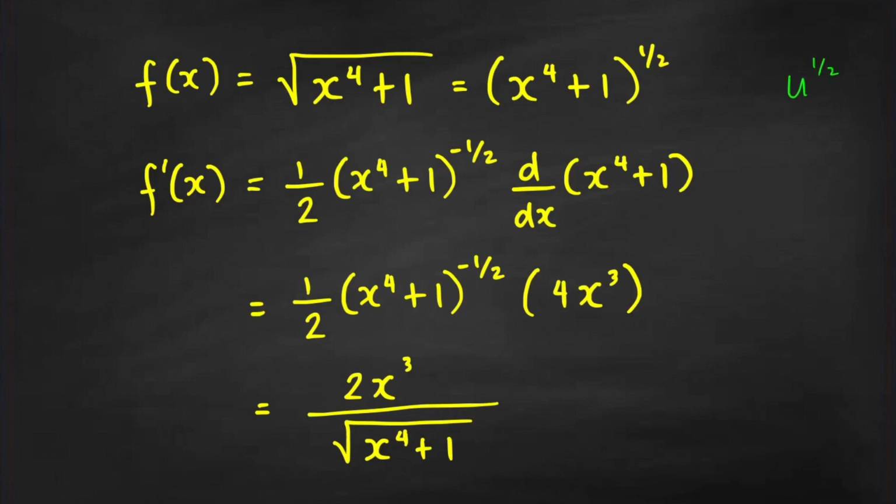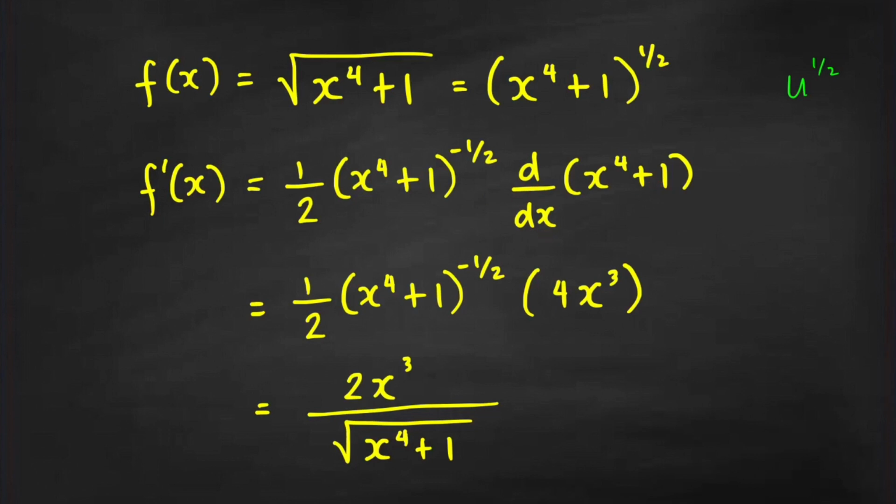So when you compute the derivative of u raised to 1 half, but you're computing the derivative with respect to x, first you compute the derivative with respect to u, and that will be 1 half u raised to negative 1 half, and then times the derivative of u with respect to x.